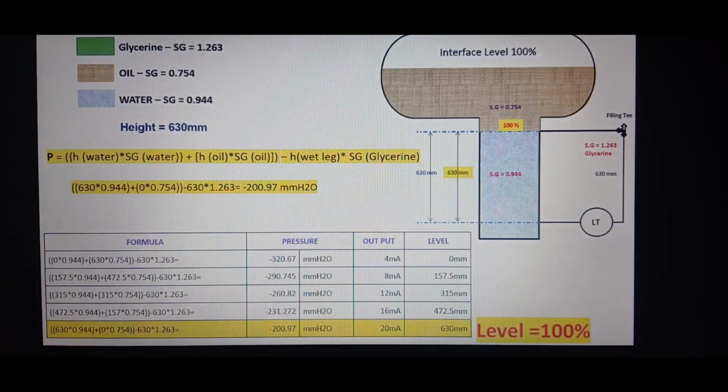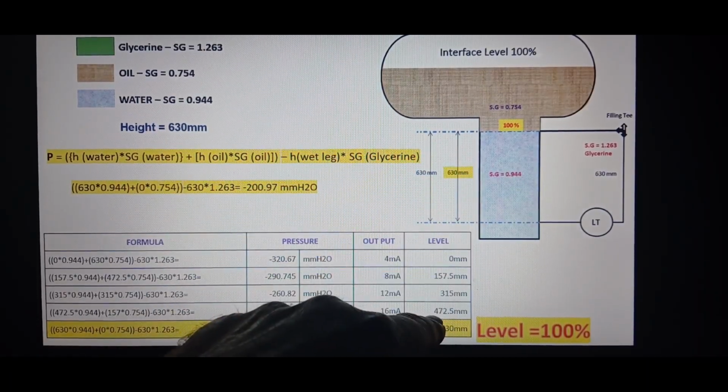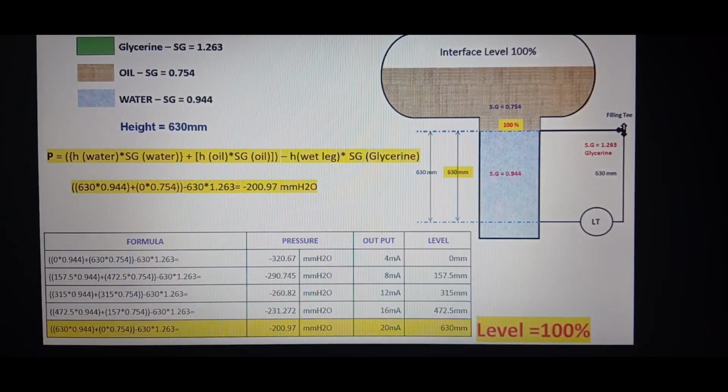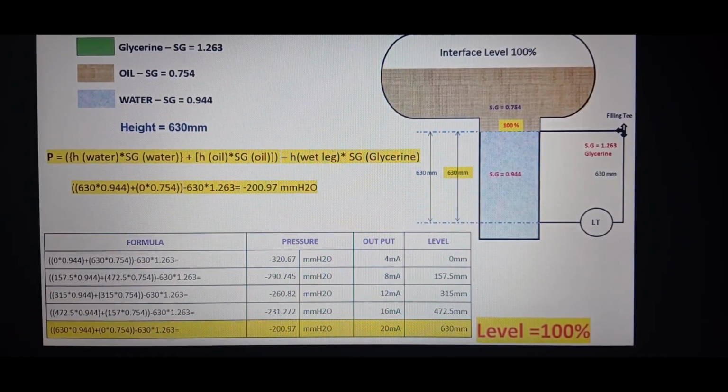And these are the values that you would punch into your transmitter to set your 0, your 50%, and your 100%, and those are the outputs that you will read. So that's the way that you can do interface. And I hope this clears up a lot of things for you, because a lot of people struggle with this and they face it often in a day.